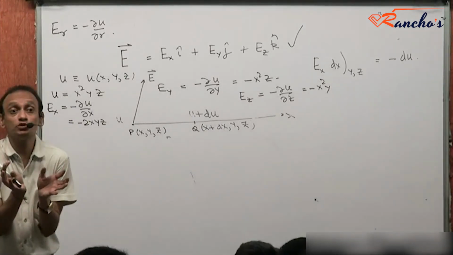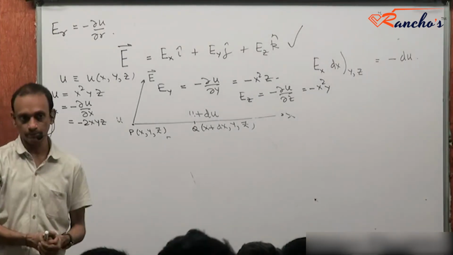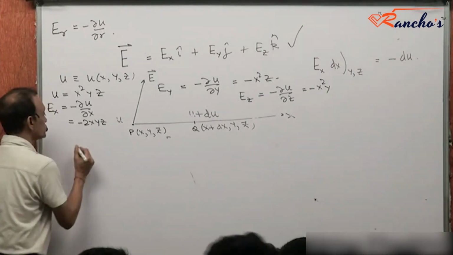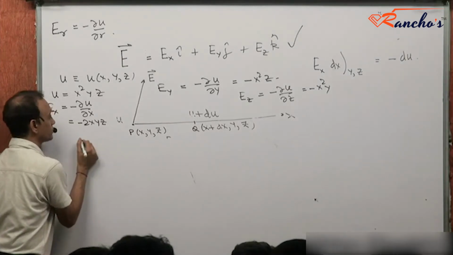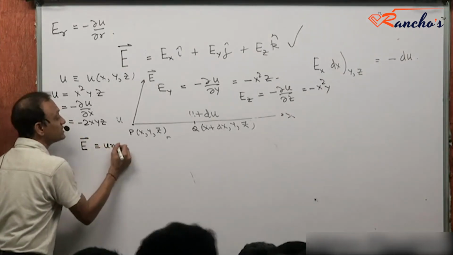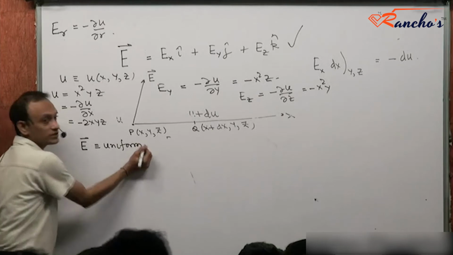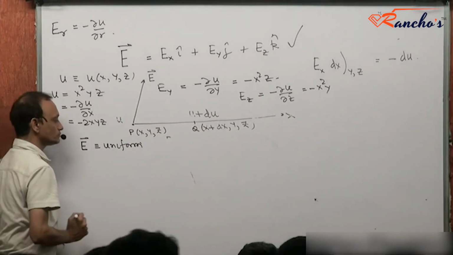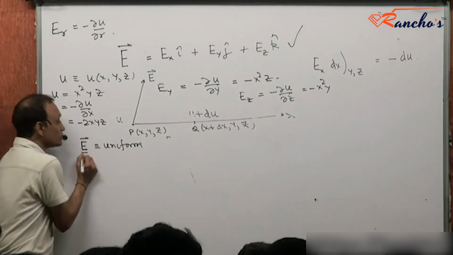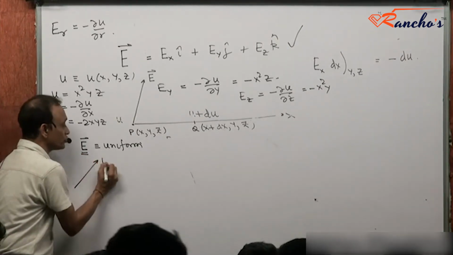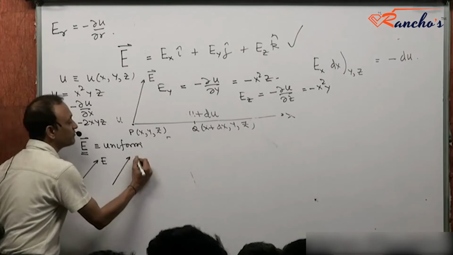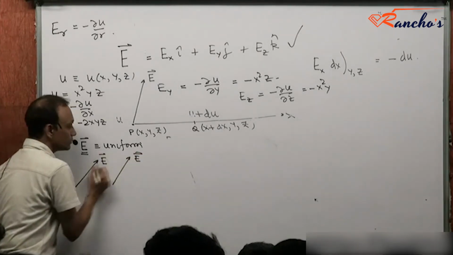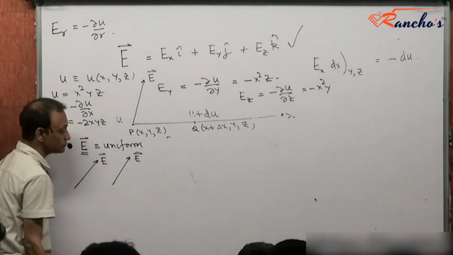Some charge distributions will produce a uniform electric field. When I say uniform, it means it's the same for all points in the region. So E is a uniform field produced at every point of a region of an electric field.